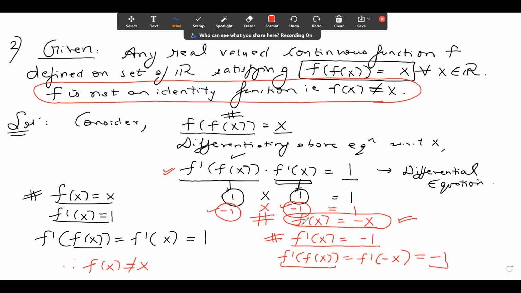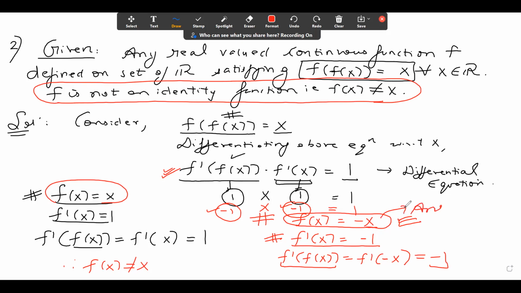You can clearly see that f of x equal to x also satisfies this differential equation, and f of x equal to minus x also satisfies it. And you can clearly see that both these functions have domain which is the set of all real numbers.